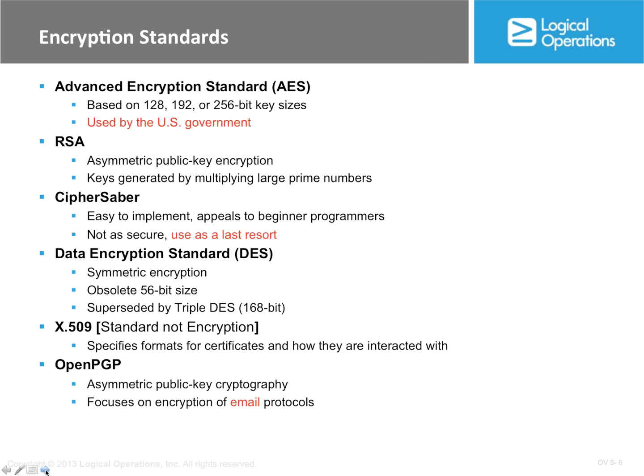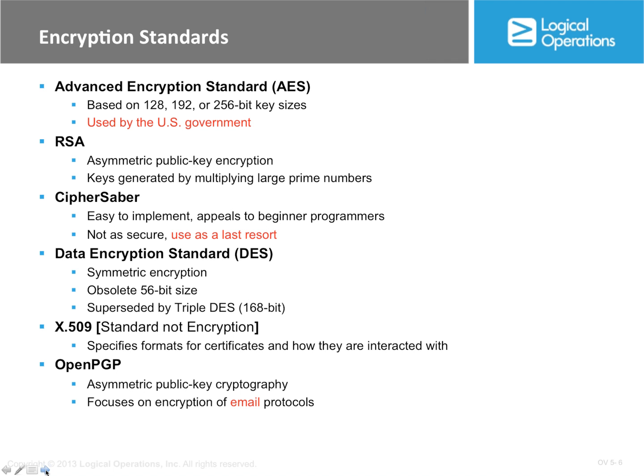So understand here, and I made a note here for you, that X.509 is not an encryption standard. That is a standard itself. It's the standard for our certificates. It specifies a standard format and what information the certificate must hold within the cryptographic system. So X.509 is a standard, not any type of encryption.